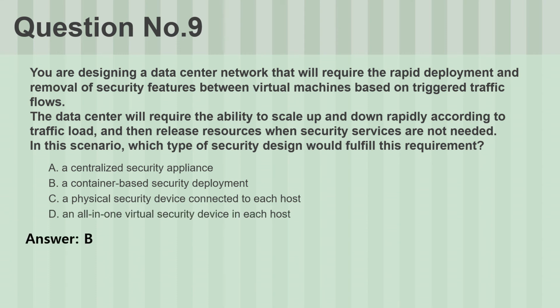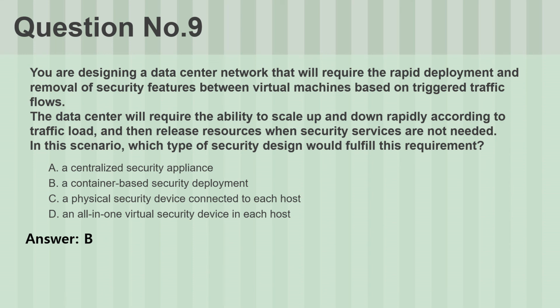Question number 9. You are designing a data center network that will require the rapid deployment and removal of security features between virtual machines based on triggered traffic flows. The data center will require the ability to scale up and down rapidly according to traffic load, and then release resources when security services are not needed.